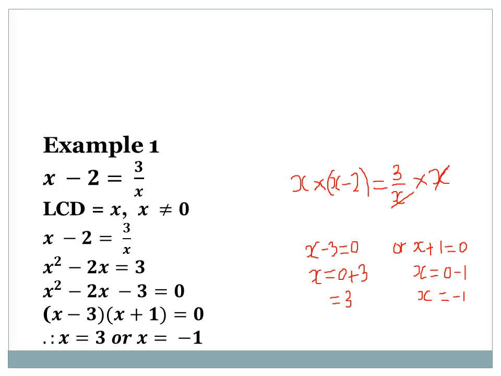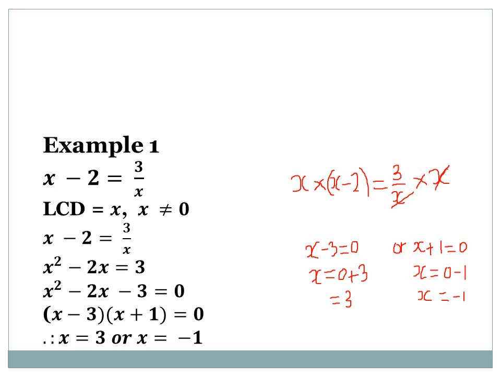The restriction says x must not be equal to 0. So the final answer, if we get x to be 0, then it means the solution is not valid. But if x is not equal to 0, then it means the solution is valid.